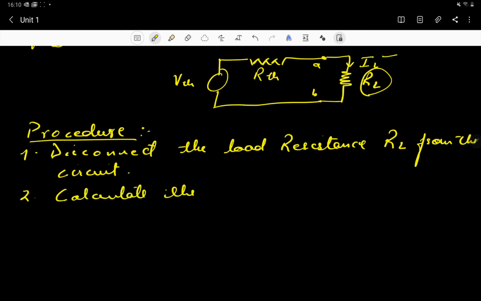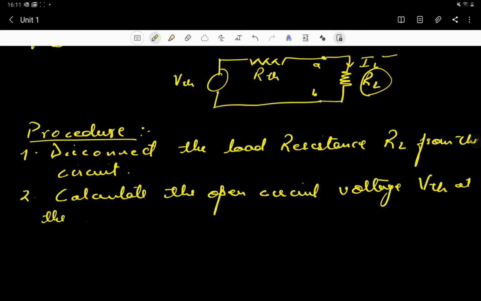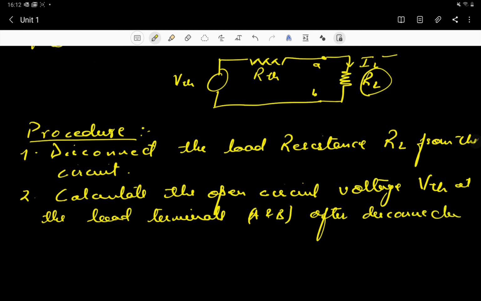Calculate the open circuit voltage VTH, all right, at the load terminals AB, after disconnecting the load resistance RL.